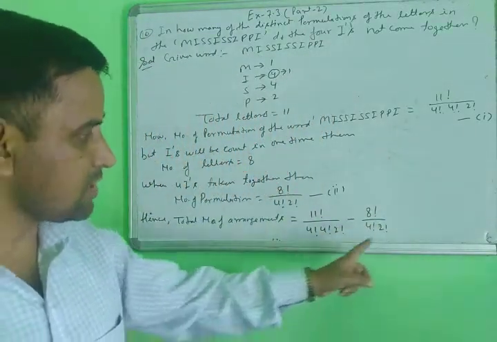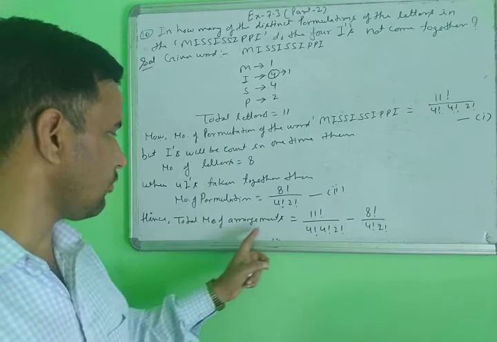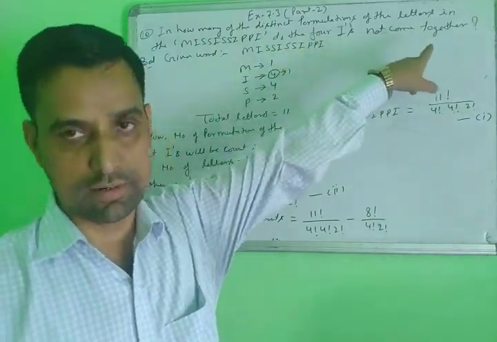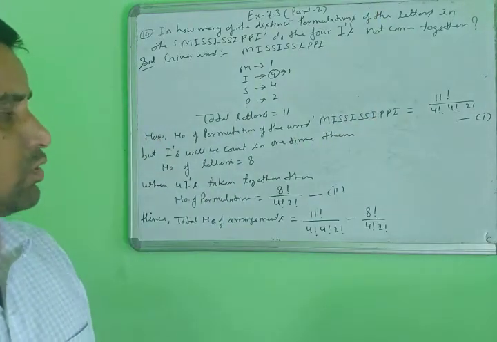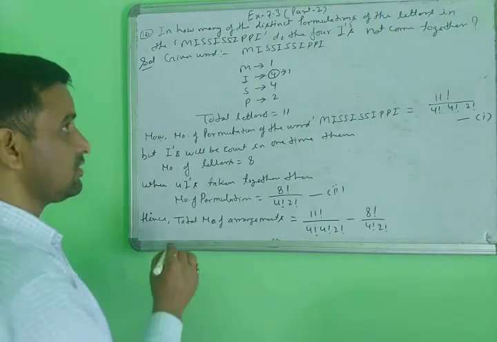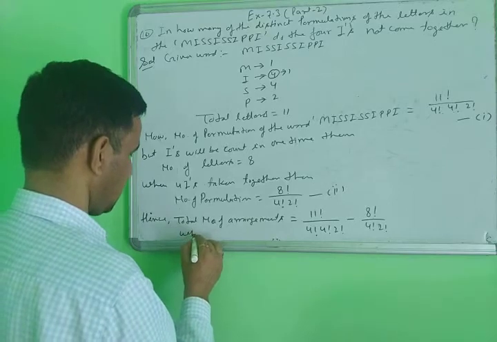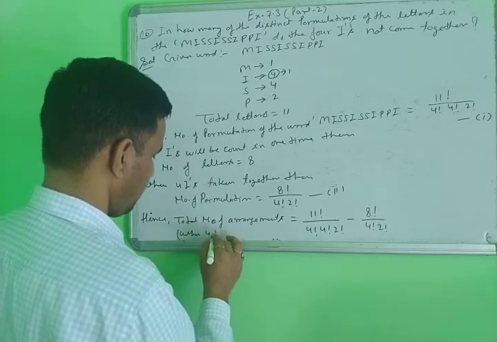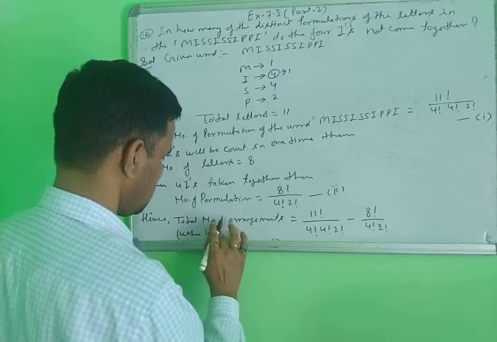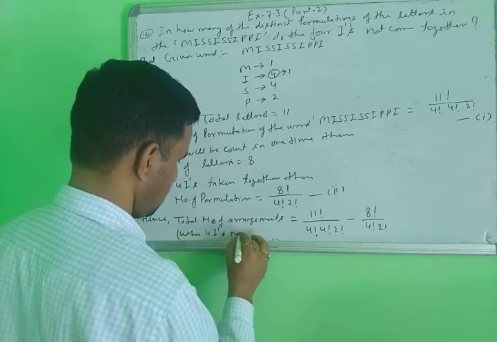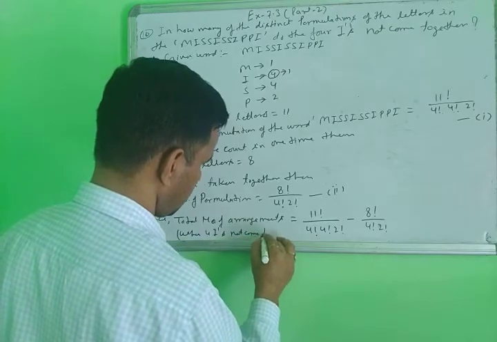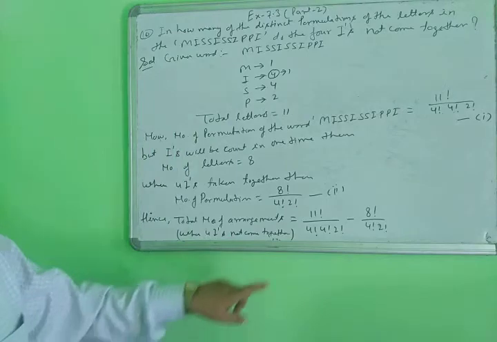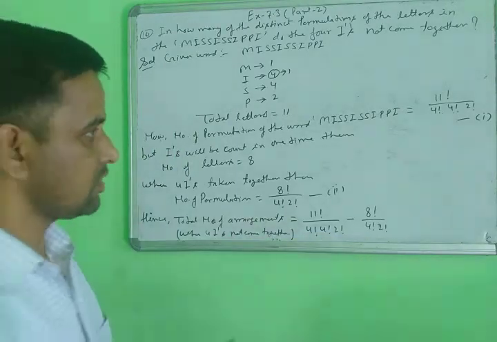When you solve this portion, you will get the total number of arrangements when 4 i's do not come together. This is the arrangement of this, so this minus this.